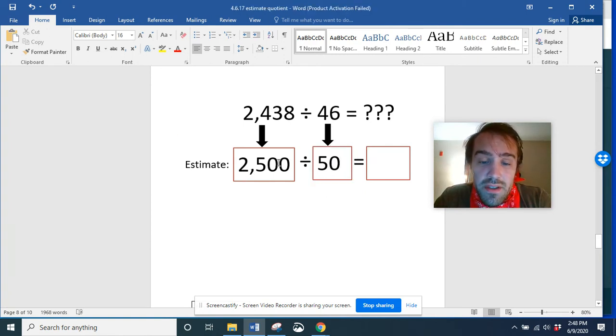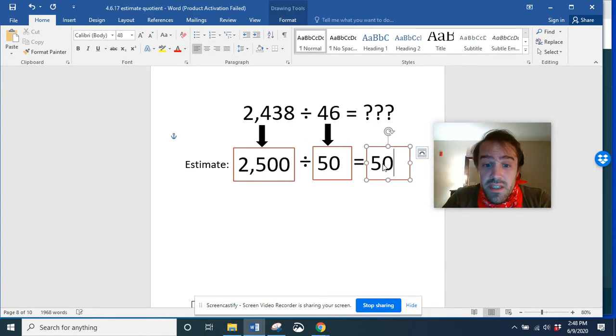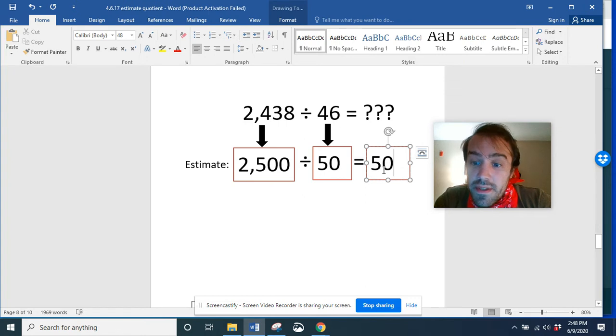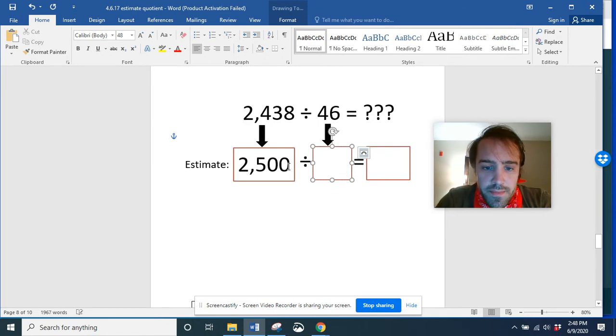Now I have 2,500 divided by 50. Since I know my math facts, 5 times 5 is 25. 50 times 50 is going to be 2,500. So a good estimate here would be 50, like we were just saying. But that's not the only way we could make an estimate here. I'm going to show you another way you could do it.